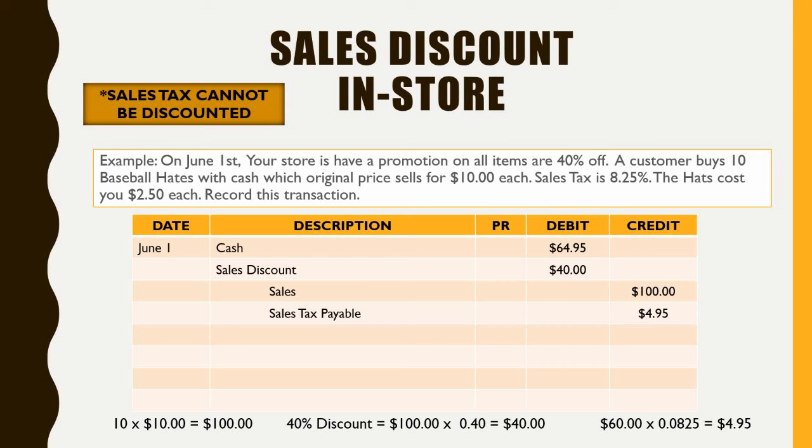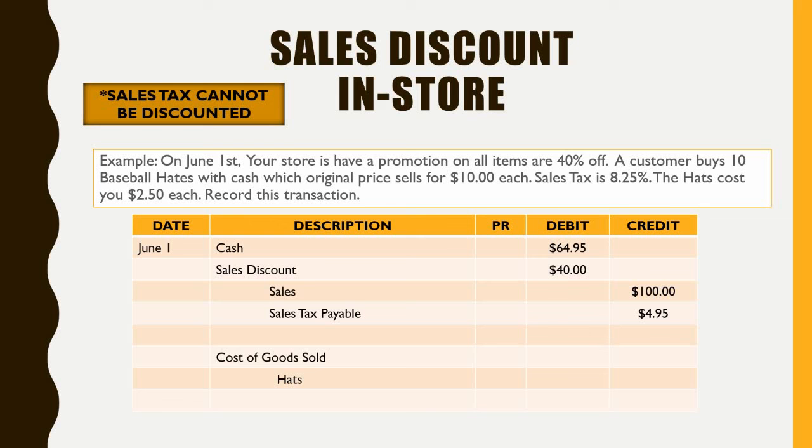And of course, because you actually sold your inventory, you also need to recognize the cost of goods sold with updating your inventory. So in this case, because you end up getting rid of your inventory, how much did each hat cost you? It cost you $2.50 per baseball hat. So how much did it cost you to sell each one?